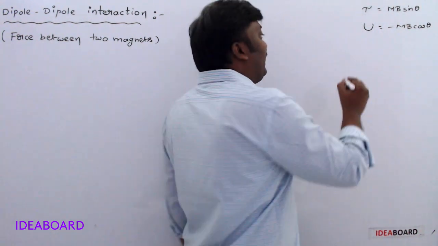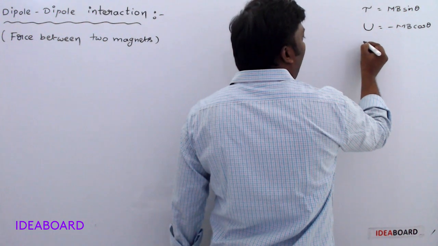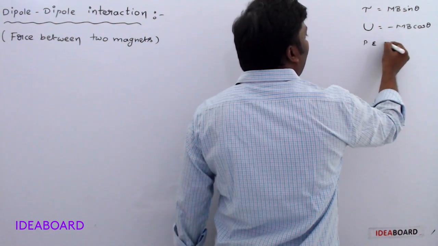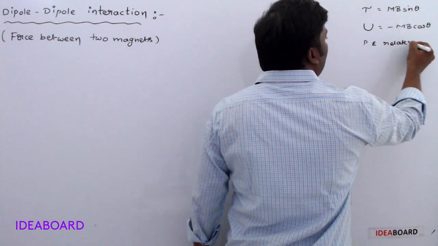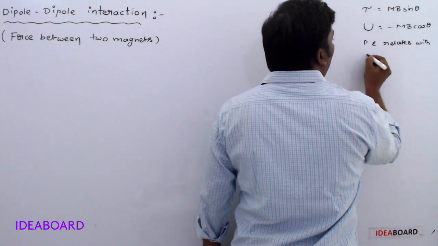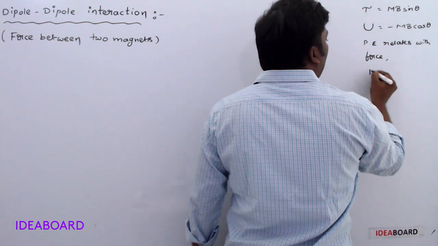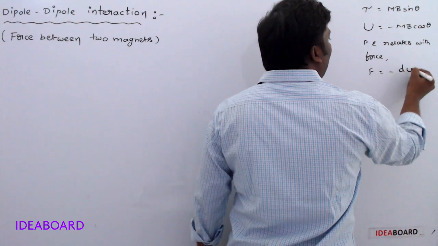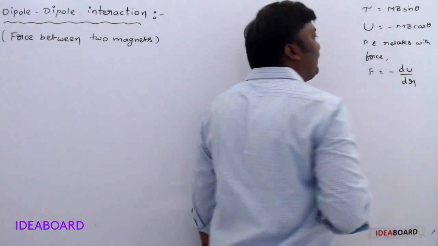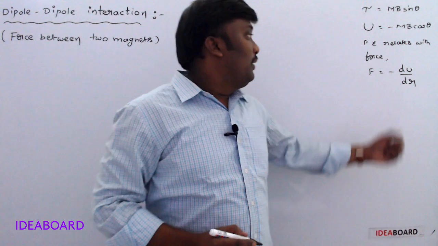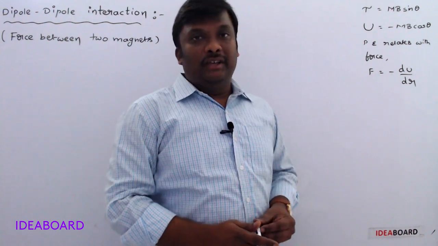And in a conservative field, we know the potential energy relates with force: F is equal to minus dU by dr. It is only applicable for conservative fields.